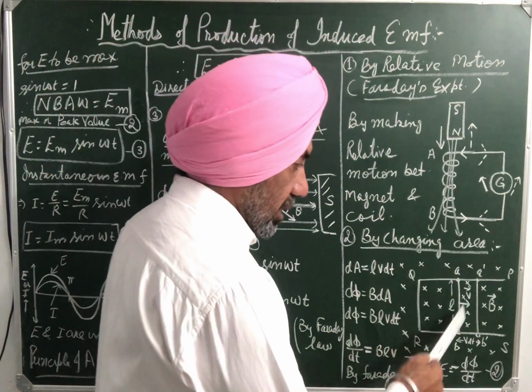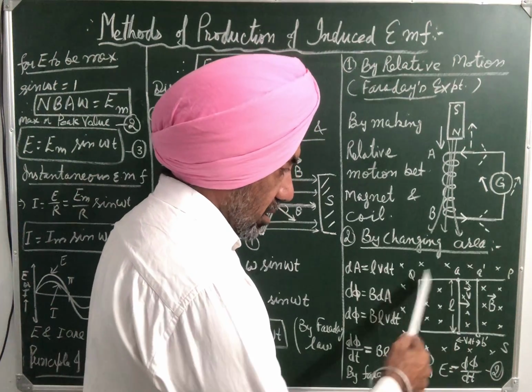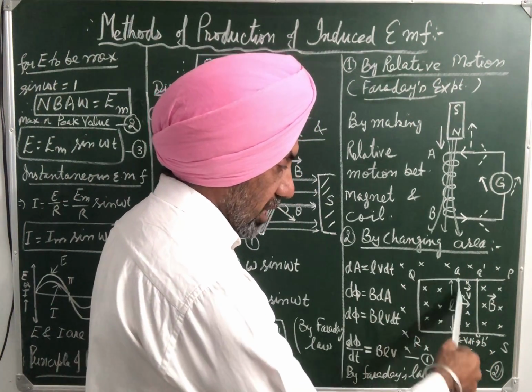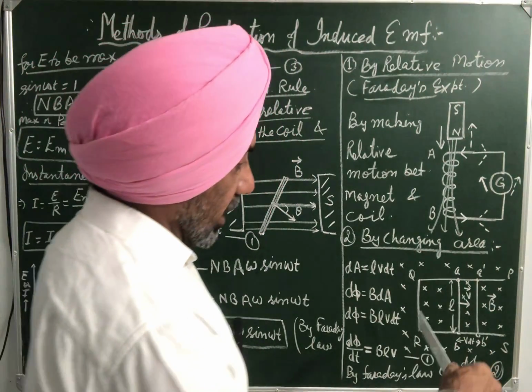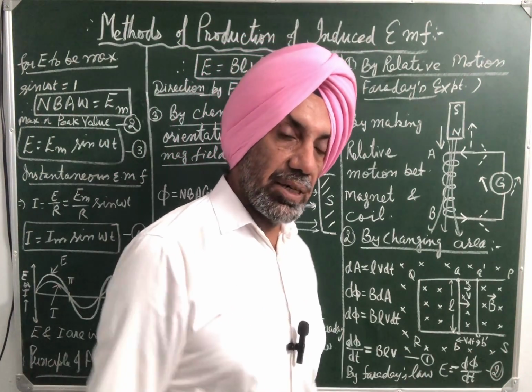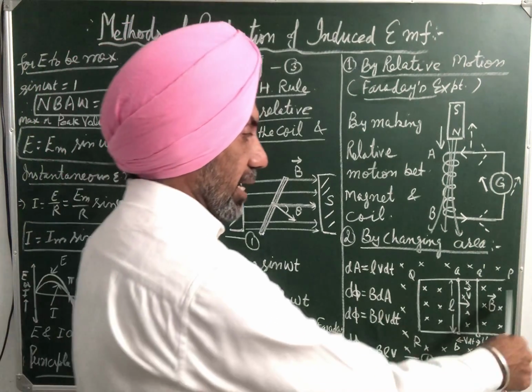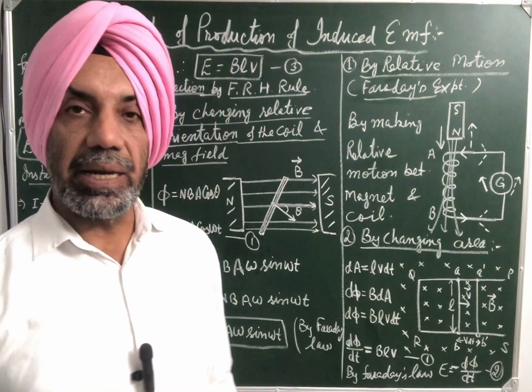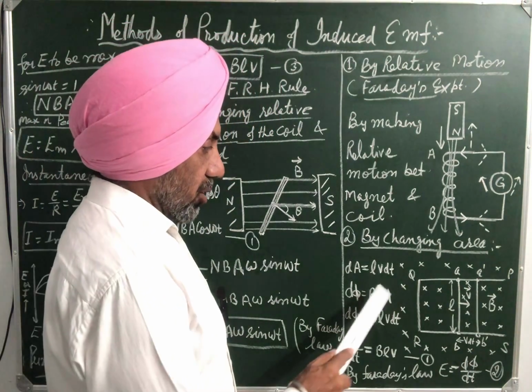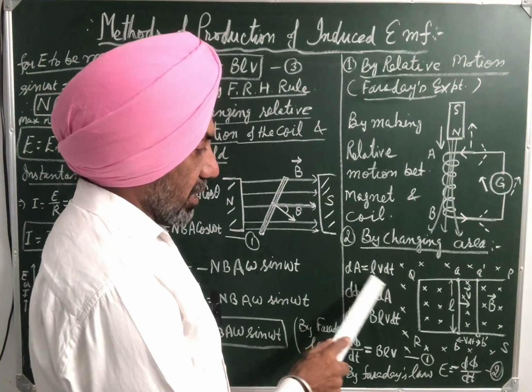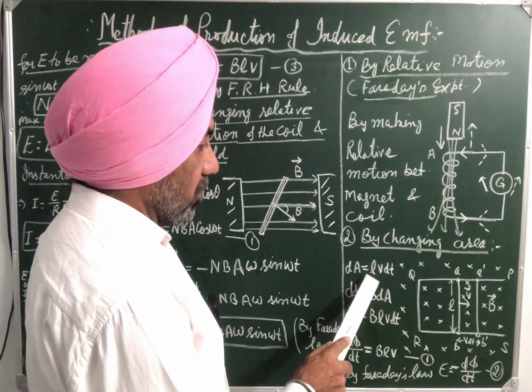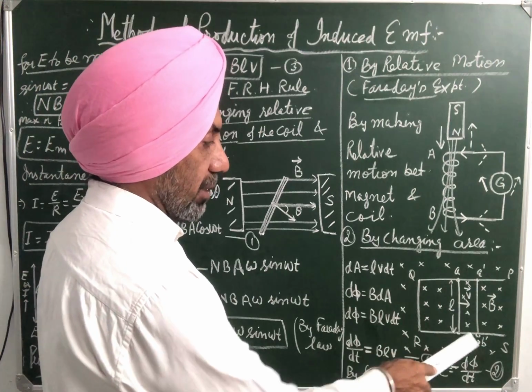As a result, the area of this portion changes. The area increases, magnetic lines of force threading this area increase, and hence magnetic flux changes. So by changing area, we can change the magnetic flux. During time dt, if dA is the increase in area, dA will be equal to L v dt, length into breadth.